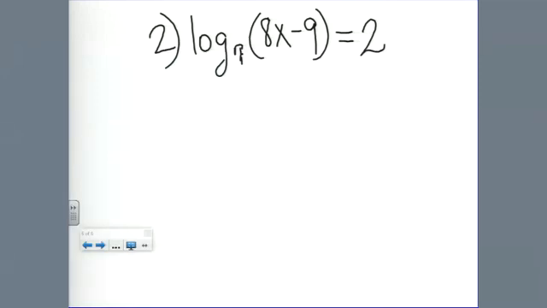Again, to solve a logarithmic equation, you must convert it to an exponential equation. So our base is 7, and the exponent is 2. And we set that equal to our given function, 8x minus 9.